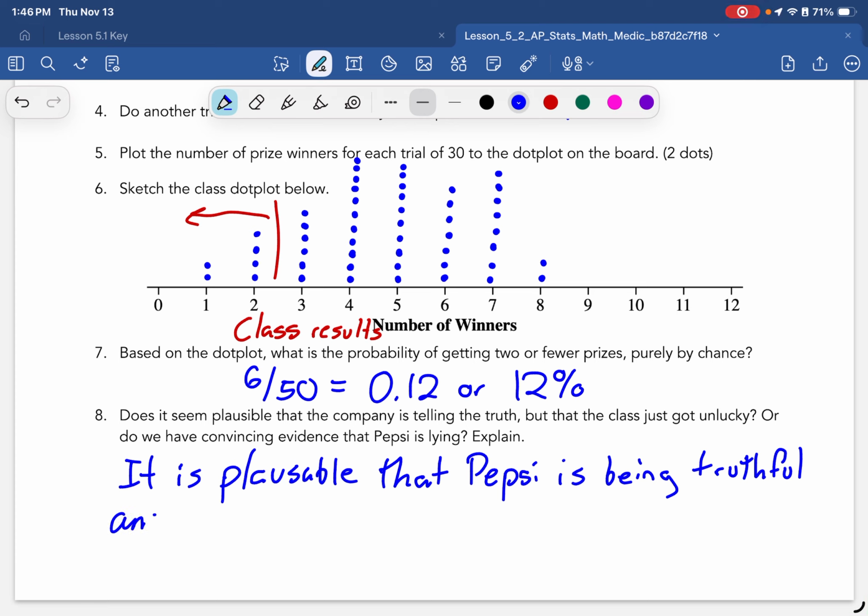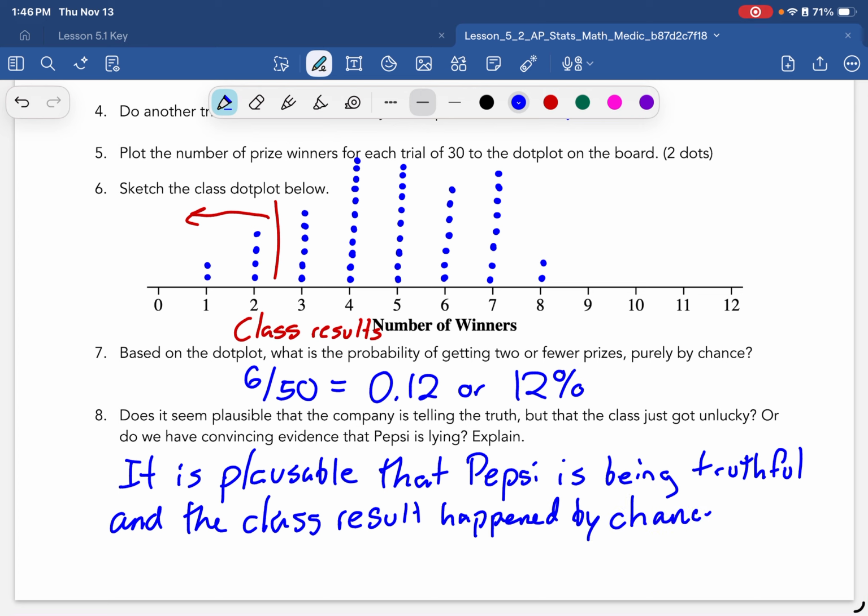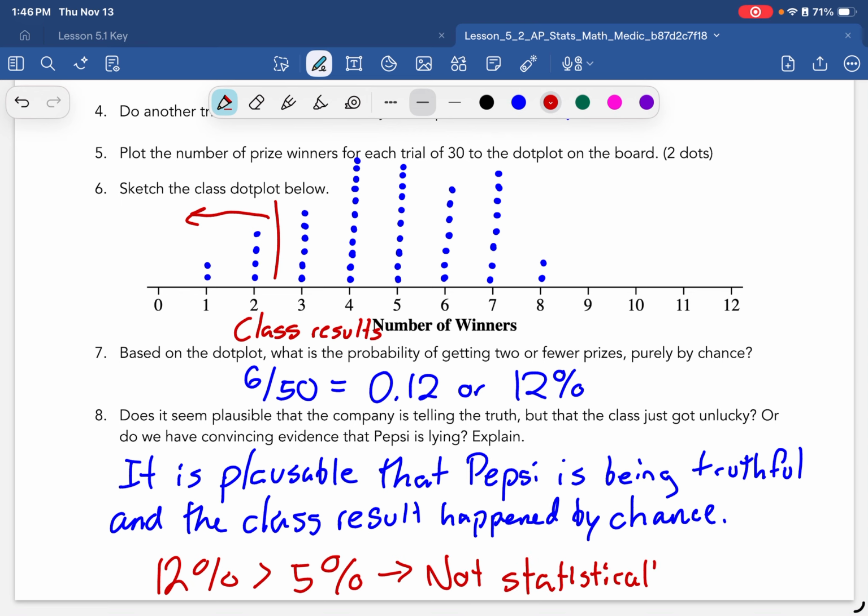It's because the class result happened by chance. Now, let's talk about that because we have some math behind it. 12% is greater than 5%, which means our class result was not statistically significant.